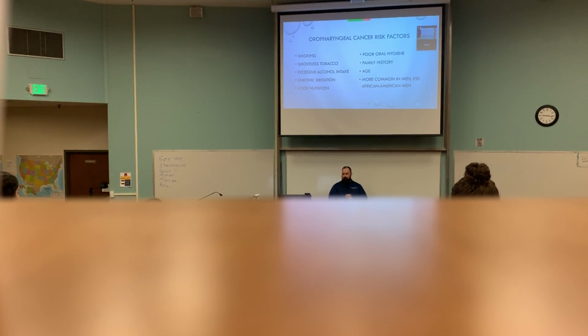The real key word here is chronic irritation. Anything that's chronically irritating, chronically inflaming, and we'll talk about this more in cancer as well. This chronic irritation is what activates oncogenes in a certain place. So whenever we add things to the mix, like radiation from smoking, irritation from alcohol, all of these different things can precipitate this.